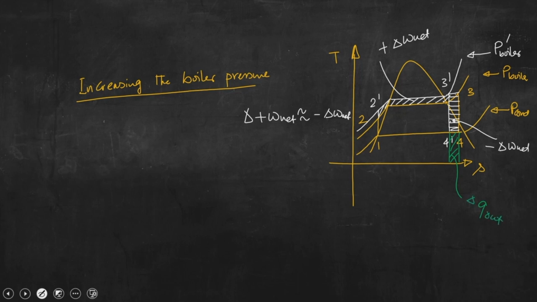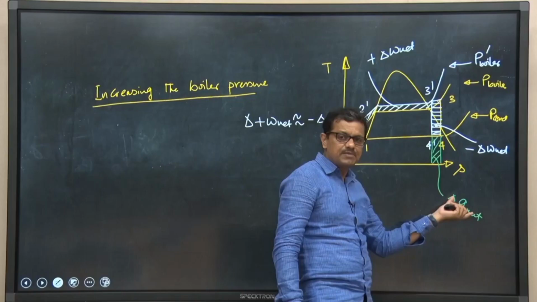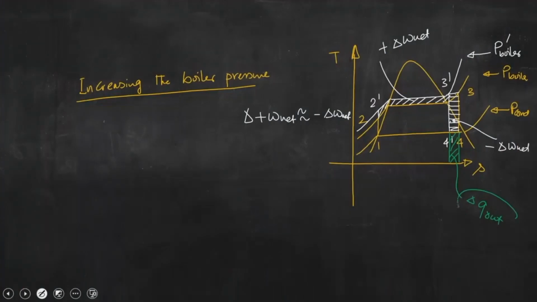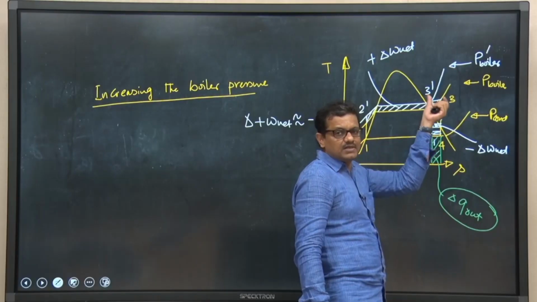If we allow steam to be superheated up to this point, and now we allow the boiler to be operated at a higher pressure, probably we can save this amount of heat rejection in the condenser. This is the quantity we can save. So we can reduce the amount of heat that must be rejected in the condenser if we allow the boiler to be operated at a higher pressure.